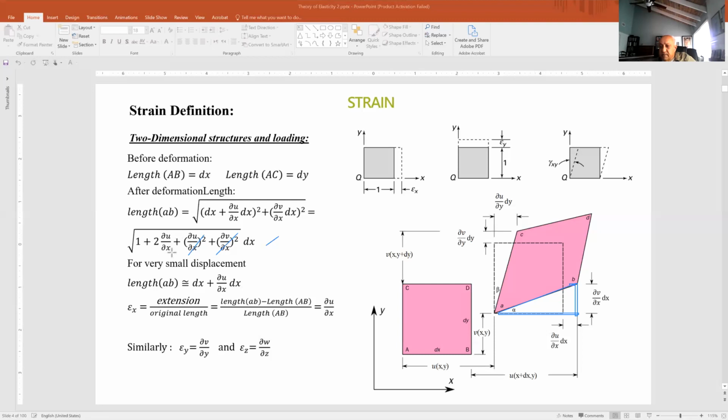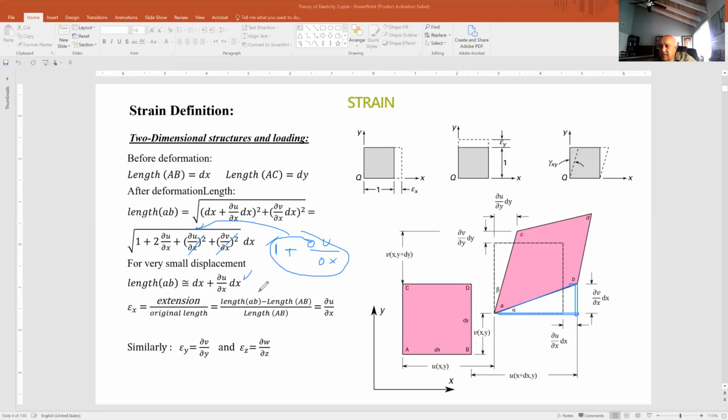And it could be simplified as 1 plus derivative of u with respect to x. So substitute that one for that square root.